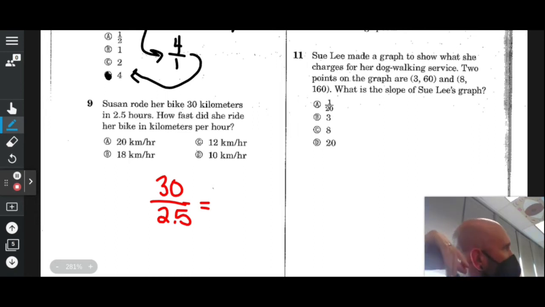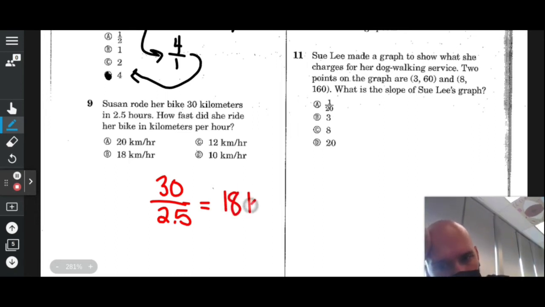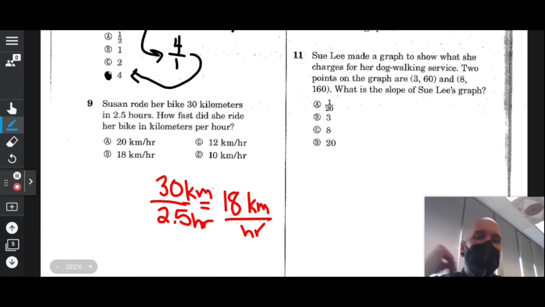It is 18 kilometers per hour. Kilometers, hours, unit rates. 18.